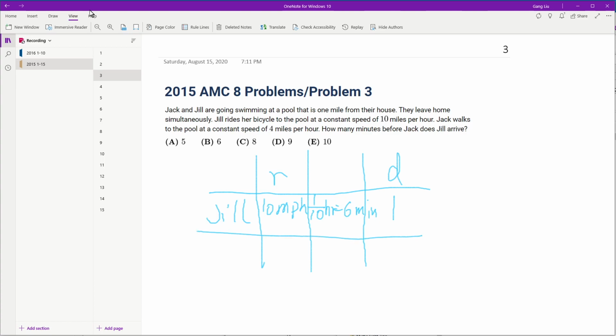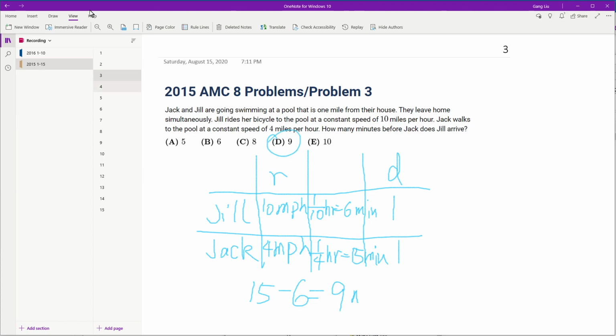And for Jack, his speed is 4 miles per hour. It takes 1/4 hour, which equals 15 minutes, to complete the same distance. So 15 minus 6 equals 9, and Jill arrives 9 minutes before Jack.